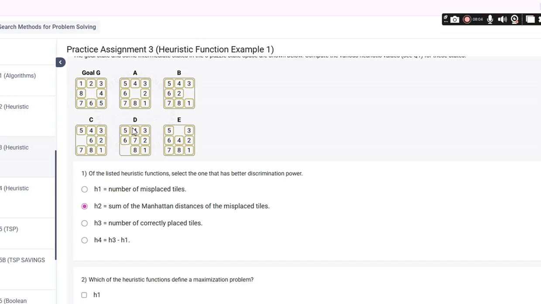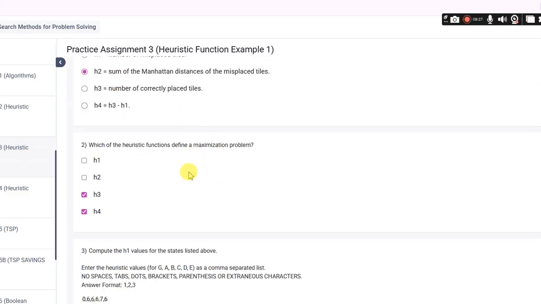So if h1 becomes 0 and h3 becomes the maximum value, that is great for h4. This also tells us that the number of correctly placed tiles has considerably increased, and it is close to the goal state, which is good, and this is definitely a maximization problem.